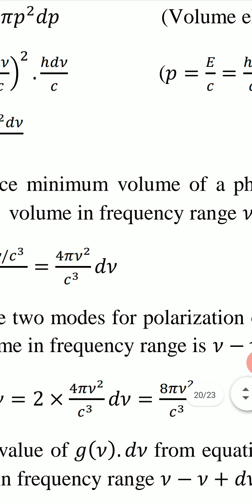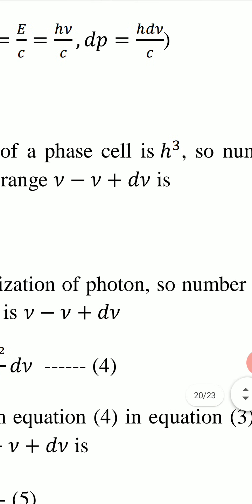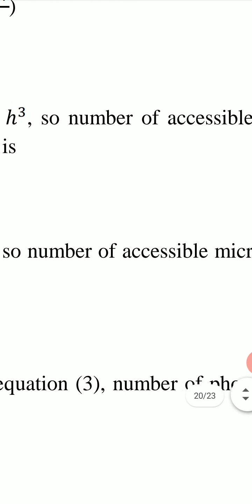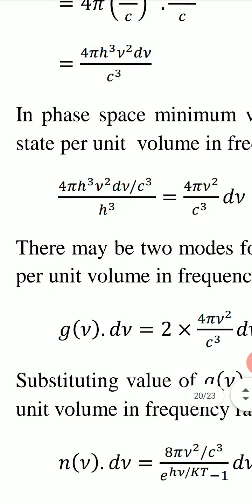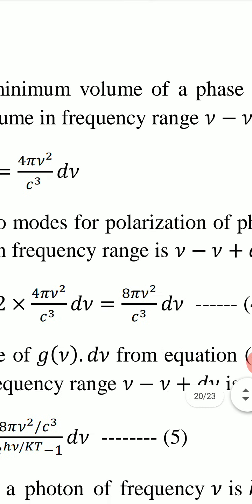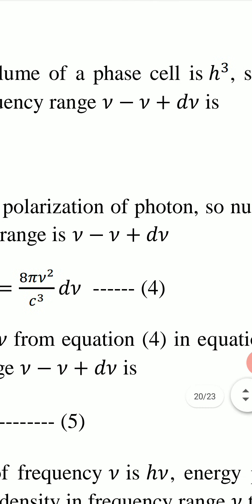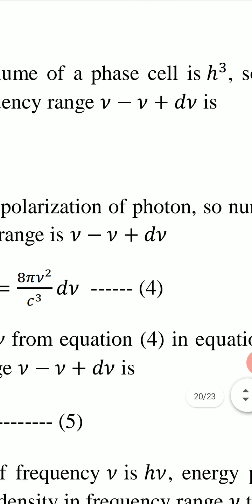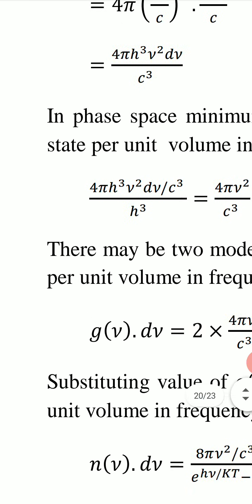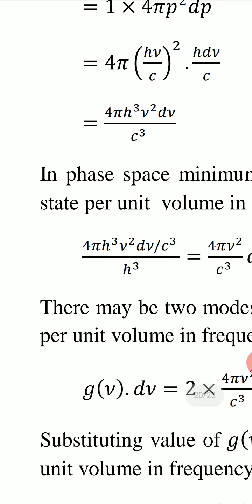In phase space, the minimum volume of a phase cell is h cube. So the number of accessible microstates per unit volume in this frequency range nu to nu plus d nu is given by dividing this volume by h cube. So we divide the above volume by h cube.